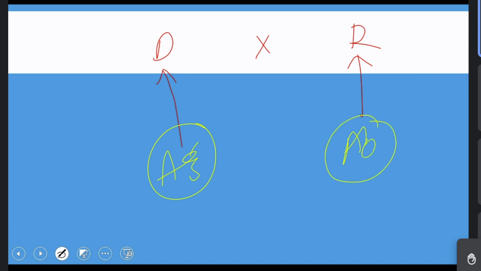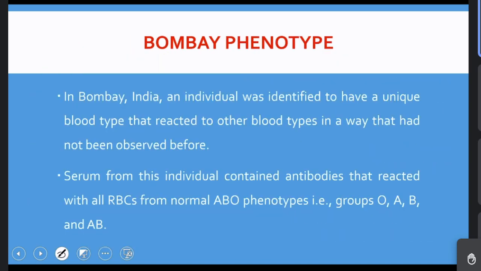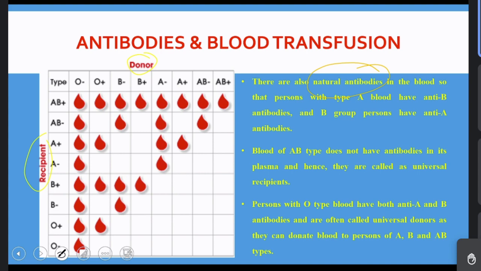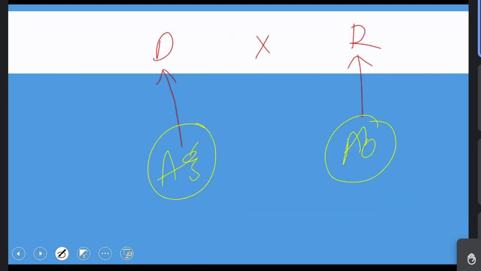So during blood donation, in the donor you see the antigen, and in the recipient you see the antibody, based on which you can transfuse the blood. Okay. And after this, before Bombay phenotype, let me explain the second blood group system.